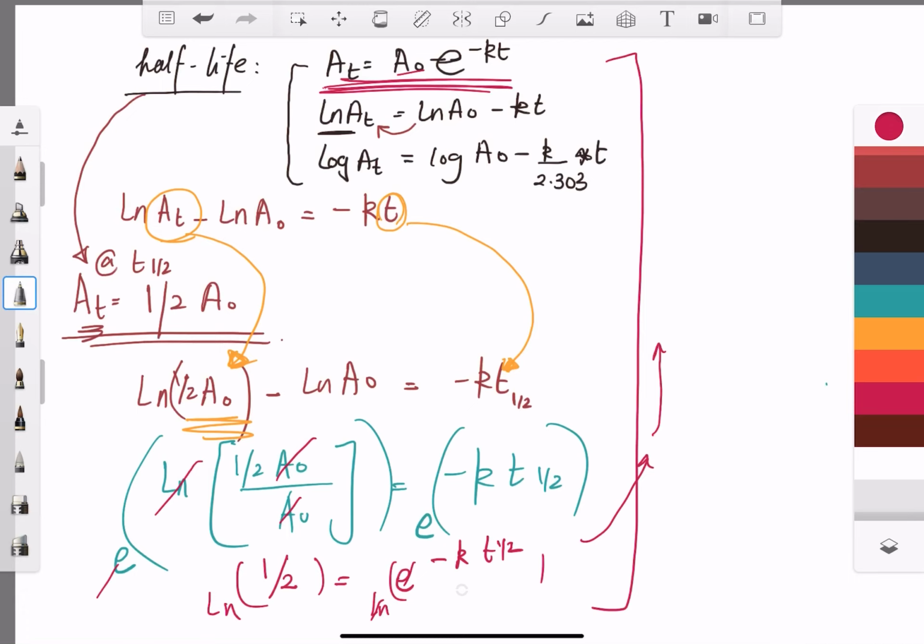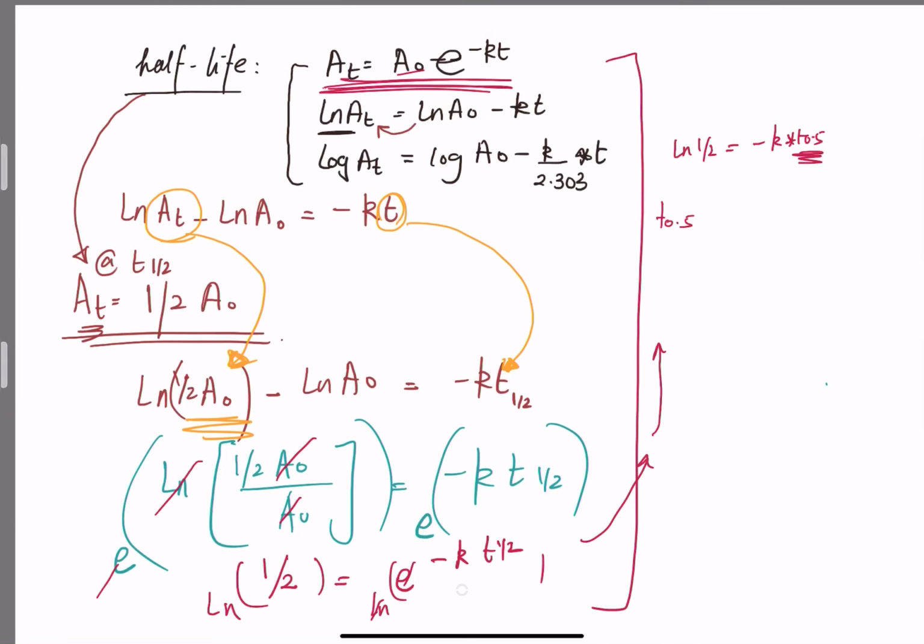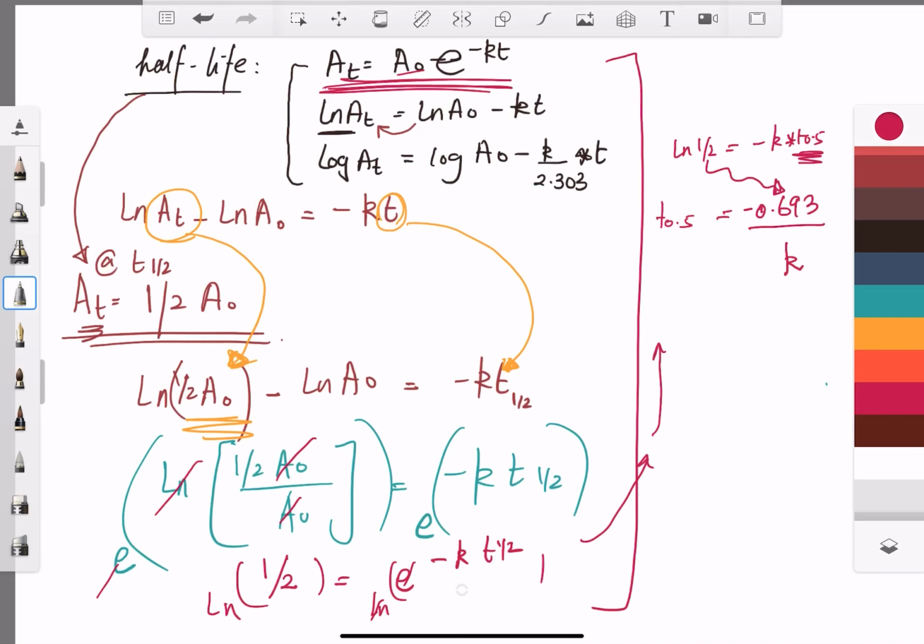So this would be ln the half, which would be equal to minus k multiplied by the half-life. Okay, so just keep the half-life at one side only. This would be minus 0.693 over k, which is this.